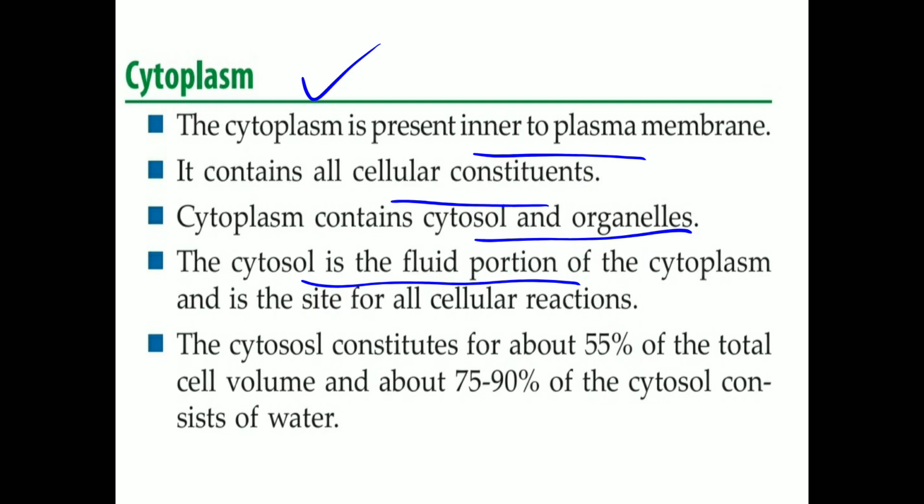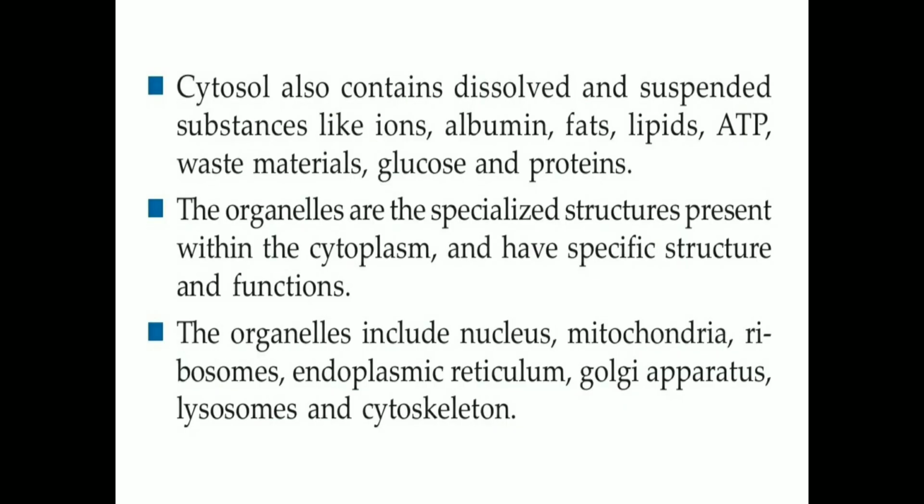The cytosol constitutes about 55% of the total cell volume, and about 75 to 90% of the cytosol is water. Apart from the water, it also contains dissolved and suspended substances such as ions, albumins, fats, lipids, ATP, waste materials, glucose, proteins, etc.